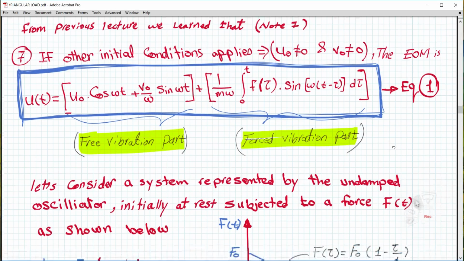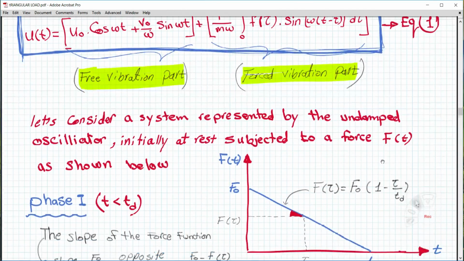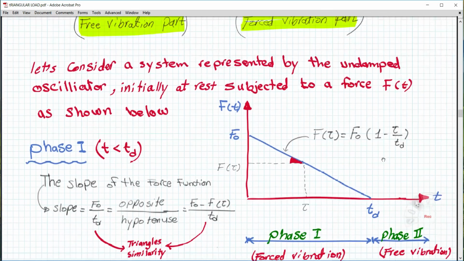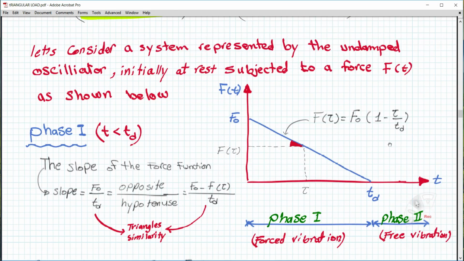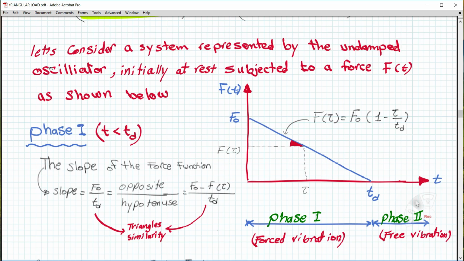Now let's consider the system that we are dealing with for today. Let's consider a system represented by the undamped system. Take care, okay?